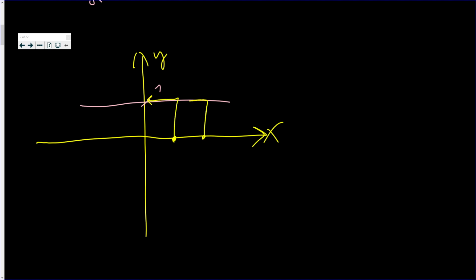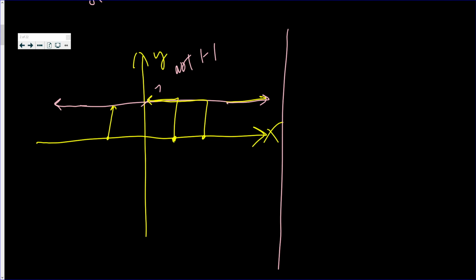This x value gives you 7. This x value gives you 7. Assuming this line goes in both directions forever, every x value corresponds to 7. This is not one-to-one. It's the worst example for not being one-to-one.